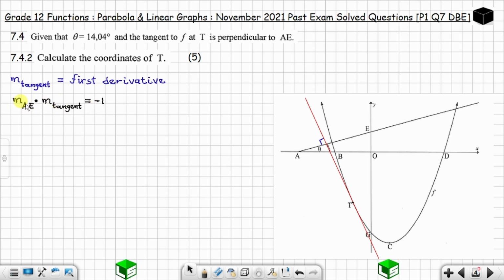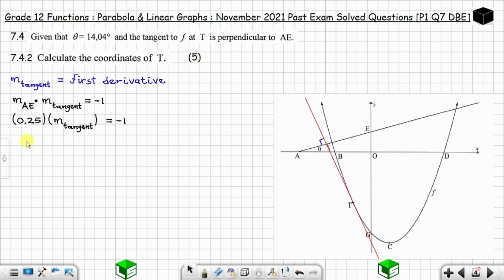Okay, and you have the gradient of the line AE. You calculated it using tan of theta. So theta was 14,04 and you found that the gradient of this line was 0,25. You remember it when we did it in the previous question 7.4.1. Okay, and so this gradient times the gradient of the tangent is equal to -1 because the two lines are perpendicular to each other.